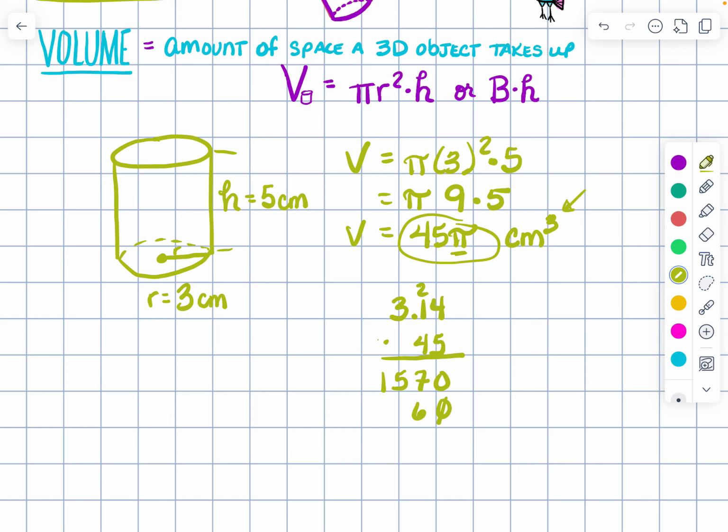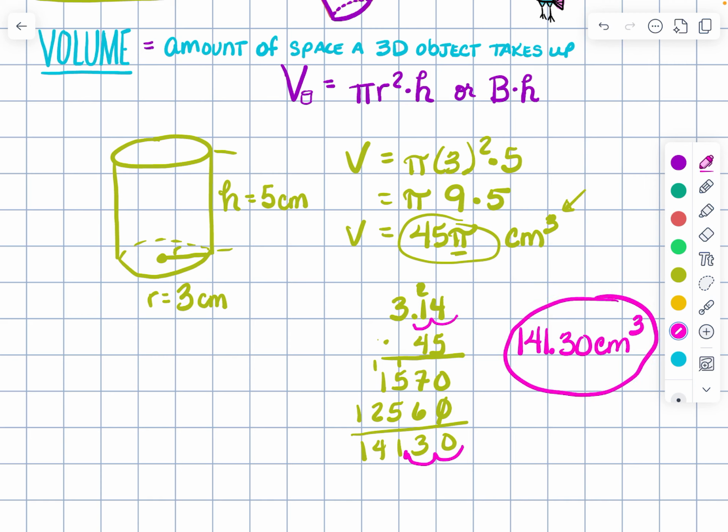Placeholder. 4 times 1 is 4, plus 1 is 5, and 4 times 3 is 12. Now we have to take care of this decimal here, 1, 2. So we end up with 141.30 centimeters cubed. That is our answer.